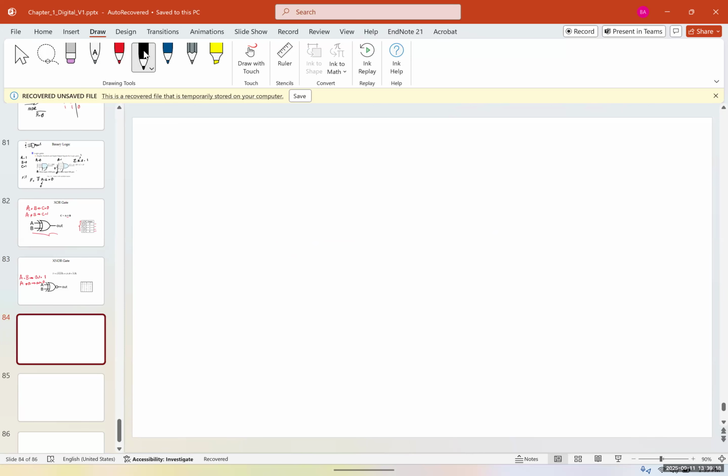Now let's solve some practice problems. Oh, and another gate that I want to mention that hasn't been mentioned. If we have this gate, this is called a buffer. A buffer gate, if you give 1 in the input, you get 1 in the output.